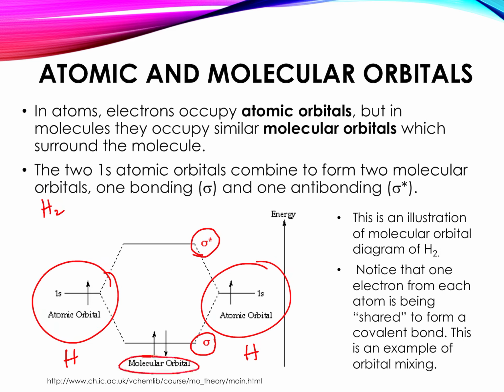The sigma star, though, is our anti-bonding orbital. It will be higher in energy than either one of the atomic orbitals because it's weakening the bond. It's pushing the atoms apart. So when we fill in these molecular orbitals, we have a total of 2 electrons. We have 1 here and we have 1 here.